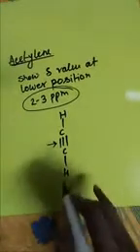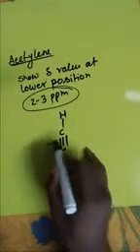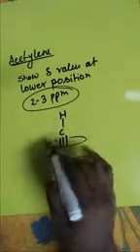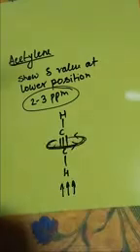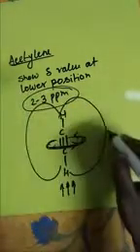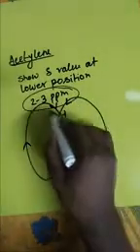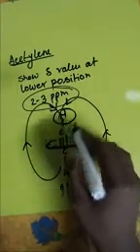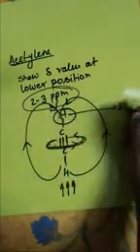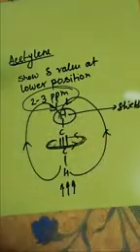So under the influence of an external magnetic field, this pi electron circulates, and during circulation it produces an induced magnetic field. So we notice that this hydrogen is present in the shielding region.